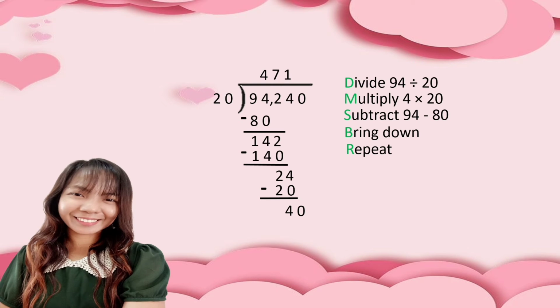40 divided by 20. So again, just repeat the process. So go back to step 1, division. 40 divided by 20. The answer is 2. Okay. So after you divide, multiply. 2 times 20.